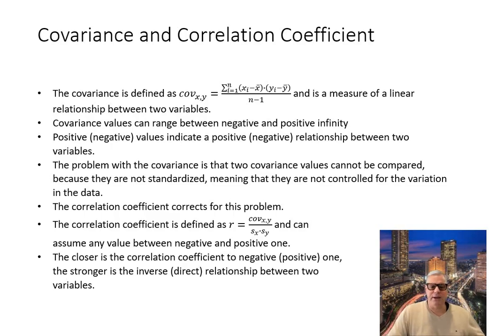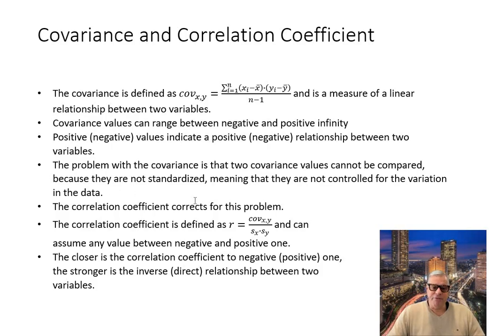Maybe you have two covariances, but one is subject to a huge variation, meaning each variable has an underlying high standard deviation, and we compare it with a covariance where the variation in each variable is very small. We cannot compare them.